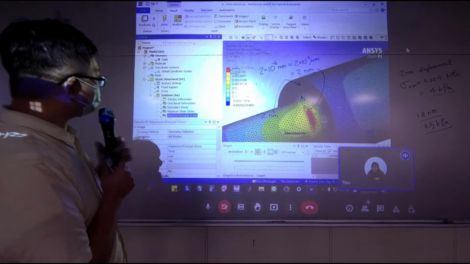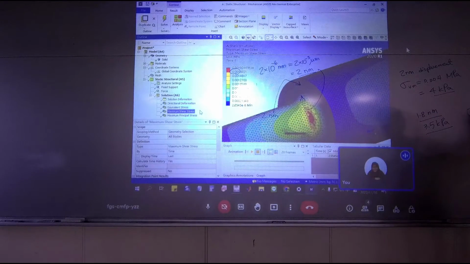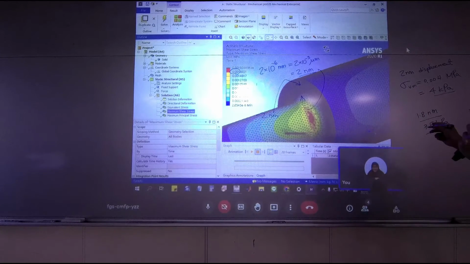Okay, go back to maximum shear again. So maximum shear, let me copy it. Tau max is 1.9 kilopascal.